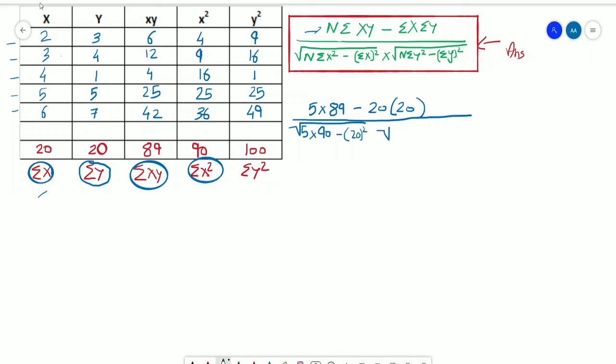Next square root will be for y. Same, we will do 5 multiplied by summation of y square. Summation of y square is 100 minus summation of y, whole square, again 20 square. Okay, so now one by one we will solve this.